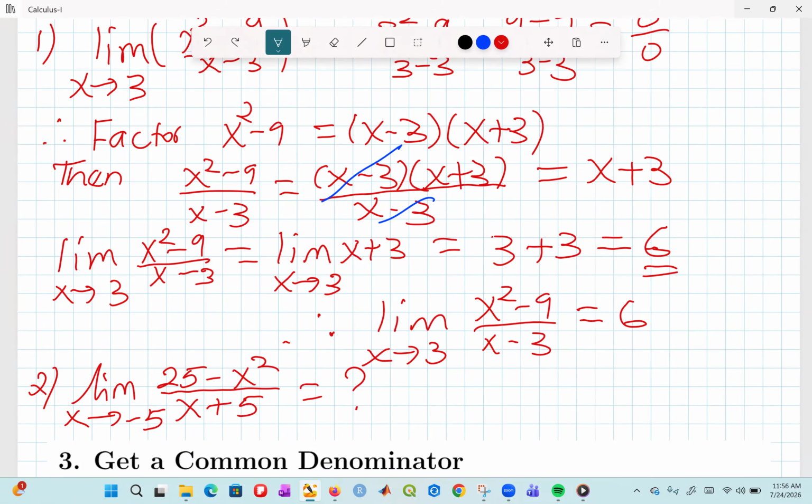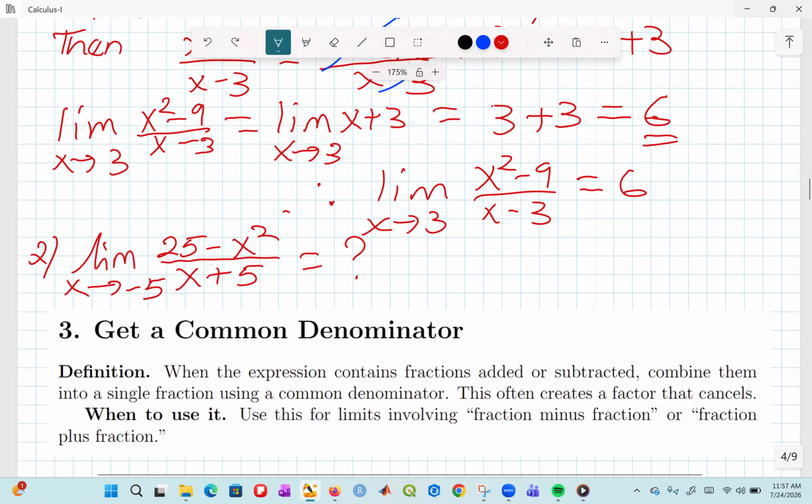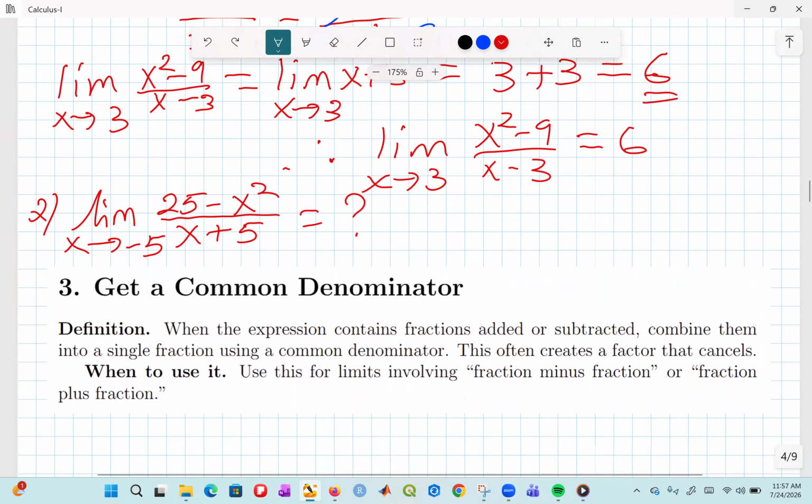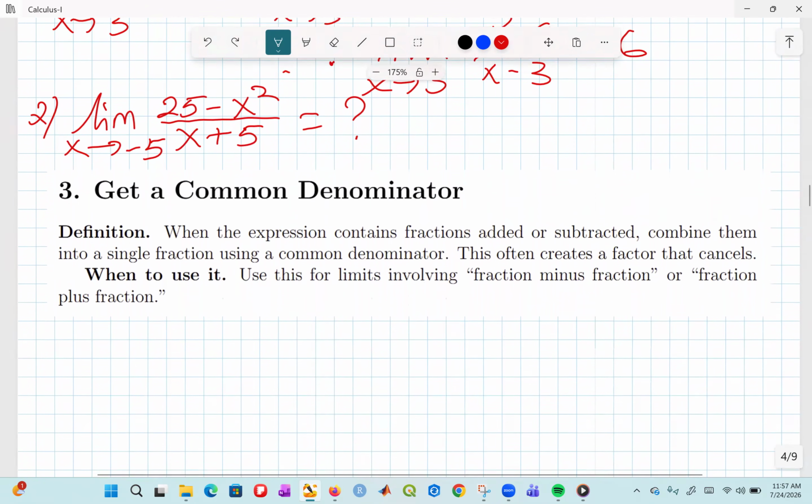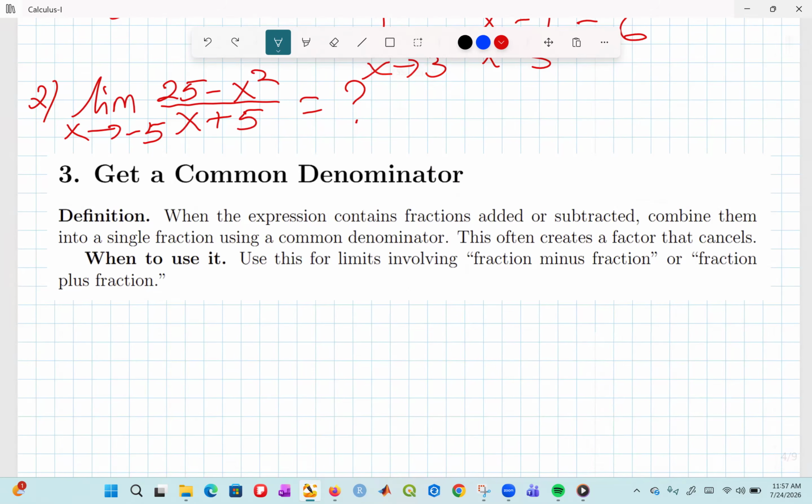The third technique of limit is known as common denominator. When do we use this common denominator? Again, this method is used when the expression contains fractions that are added or subtracted.